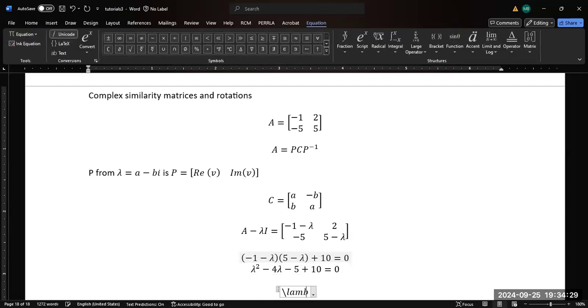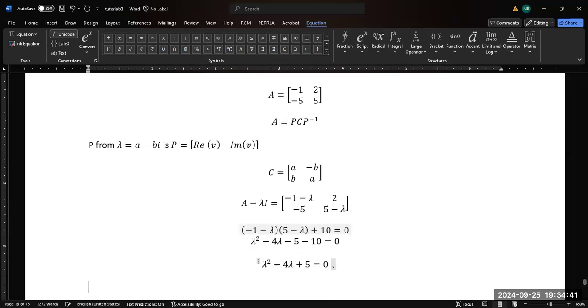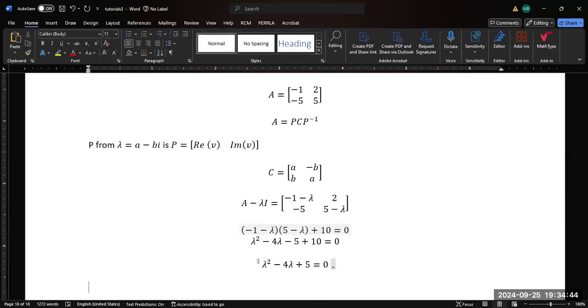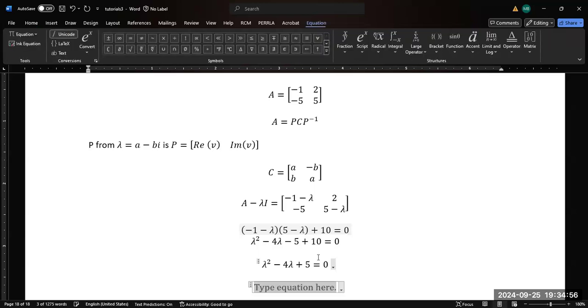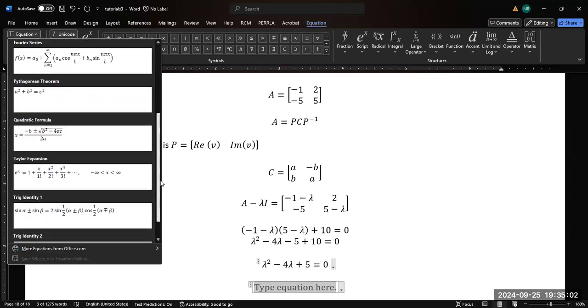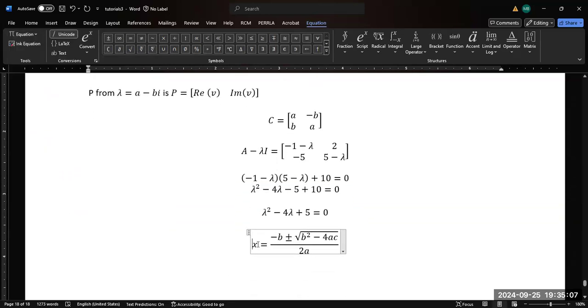And so that's going to give us lambda squared minus 4 lambda plus 5 equals 0. So now what we're looking for are factors of 5 which add to 4. No such thing exists, and so we are going to need to use the quadratic formula right here for our lambda.